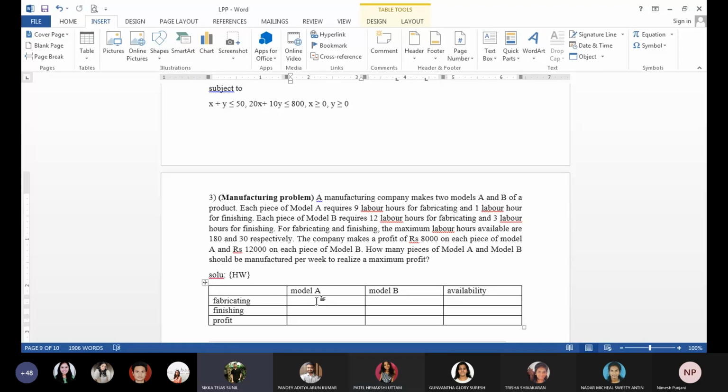सर दिस विल बी 9. So 9, 12 and 180. दिस विल बी 12 और यहाँ पे 180. ओके. 1, 3 and 30. ओके, प्रॉफिट 8,000, 12,000. वेरी गुड. तो यहाँ पे मैक्सिमाइज करना है, मिनिमाइज करना है?